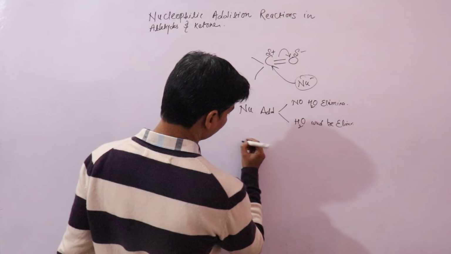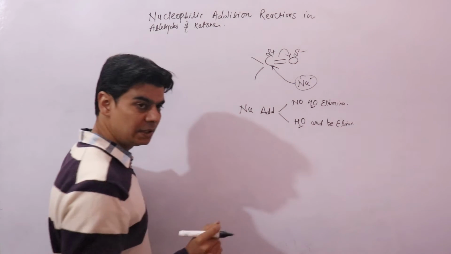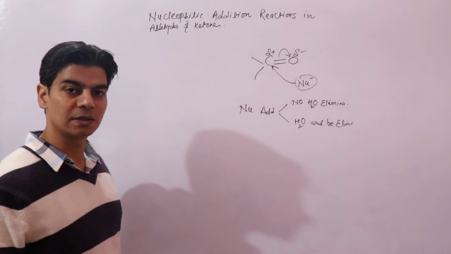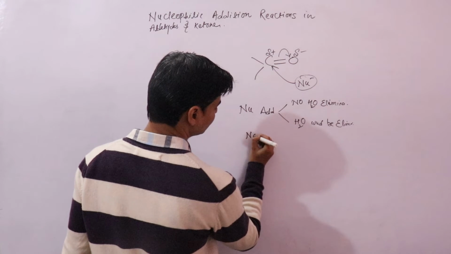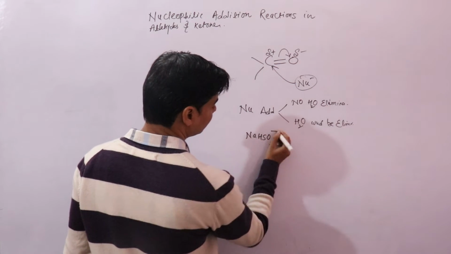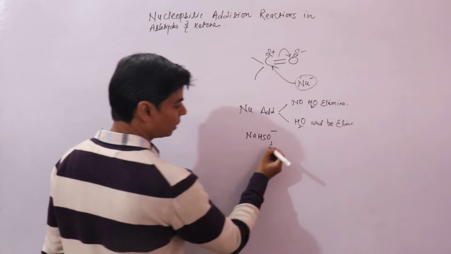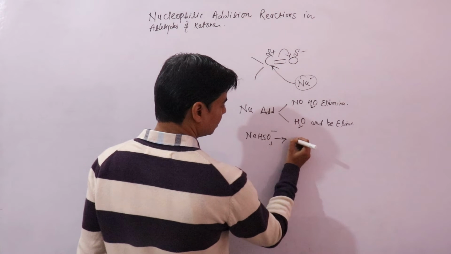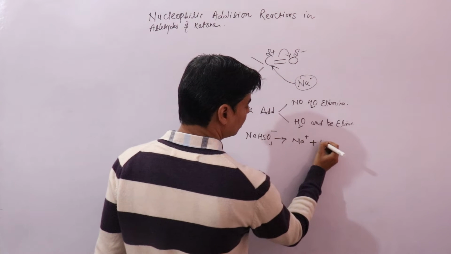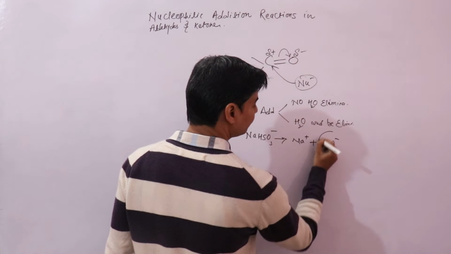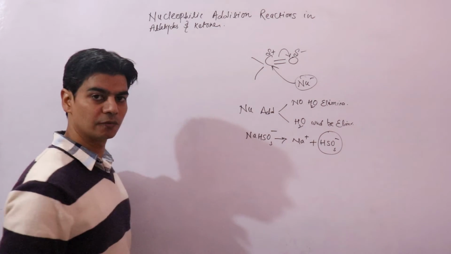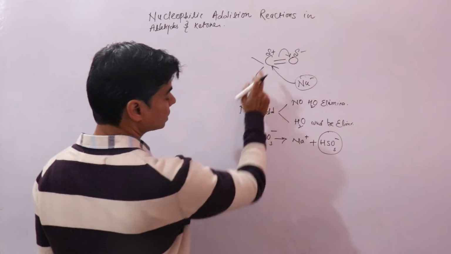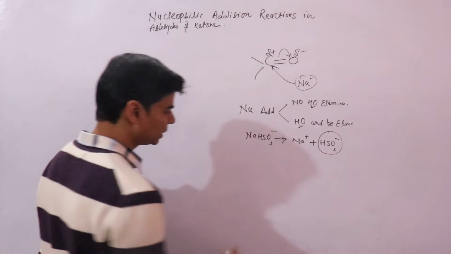Let's look at the reaction of acetaldehyde with sodium bisulfite. Right? This is your sodium bisulfite. Now in this compound, sodium bisulfite, your nucleophile is bisulfite. This is the nucleophile which will attack at the carbonyl carbon of acetaldehyde.